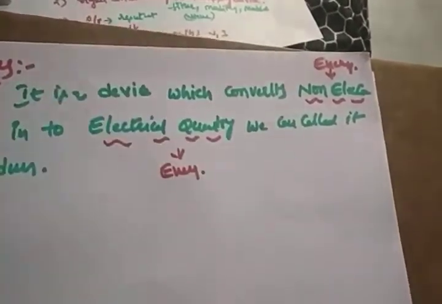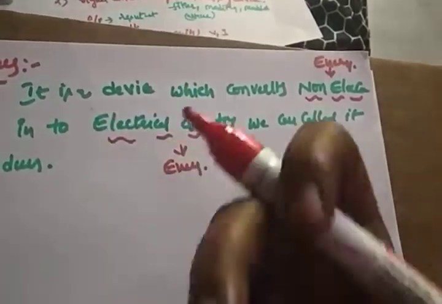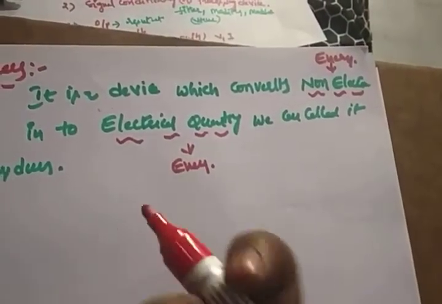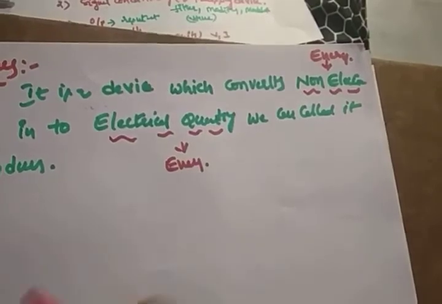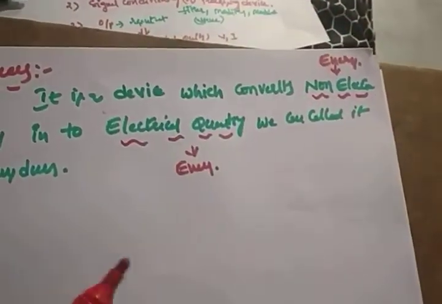Because it is more useful for me, and with that I can operate more instruments. Nowadays each and every instrument needs an electrical supply. Computers, systems, everything requires electrical energy. So that's why we are converting to electrical energy, for our flexibility.